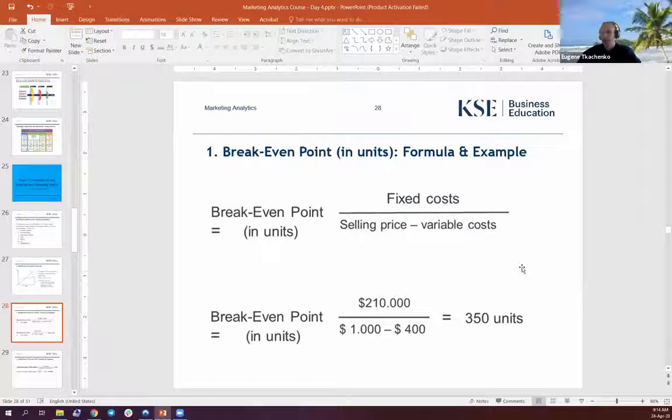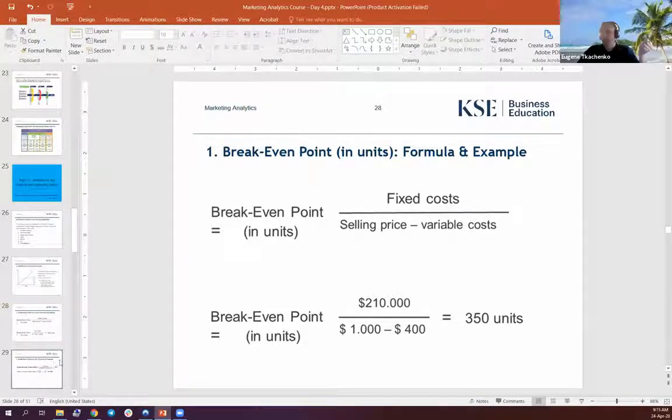The formula for break-even in units is very simple. Basically, it's fixed cost divided by the difference between selling price and variable cost. So, for example, if we have a fixed cost of approximately, I'm talking about the monetary value, let's say $210,000, but the difference between selling price and variable cost is $600, we are talking 150 units.